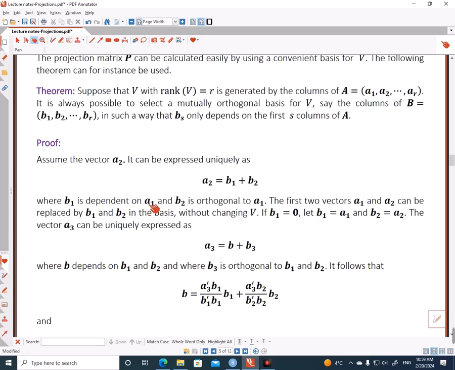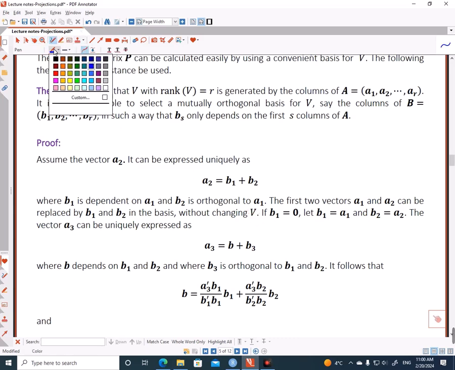B1 is dependent on A1, so it's a coefficient times A1, and B2 is orthogonal to A1. So B1 is actually a projection of A2 onto A1. It means that we are projecting A2 on A1, and then we project A3 on A1 and A2, A4 on A1, A2, A3, and so on and so forth. So this is the way of construction, but let's see the details clearly. The first two vectors A1, A2 can be replaced by B1 and B2 in the basis without changing V.